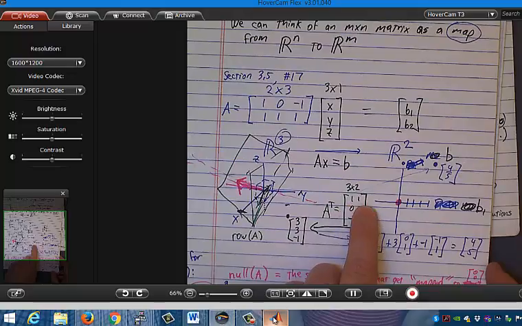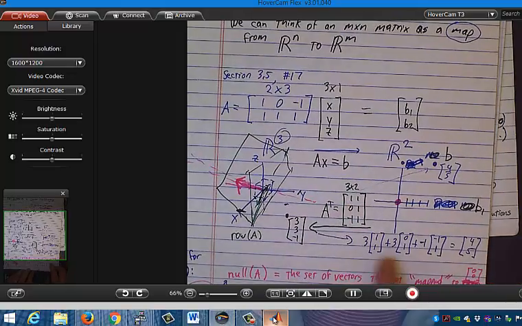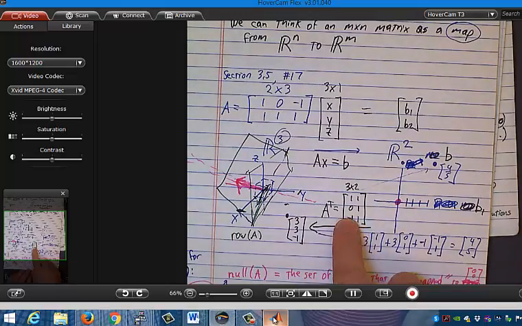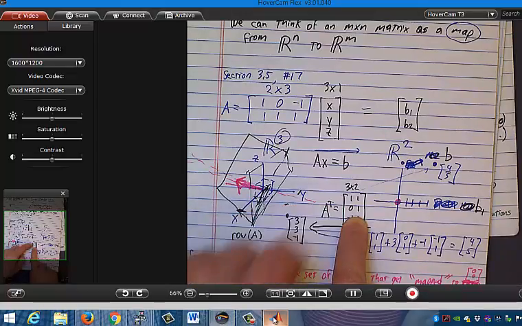But here, you could. Here's A transpose. If you wanted a basis for the row space of A transpose, you could add the first row to the second row and make that a 0. And then you could add negative these to make that a 0. So you could make that bottom row both zeros, and you'd be left with this in row echelon form.